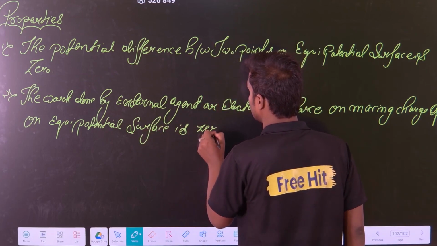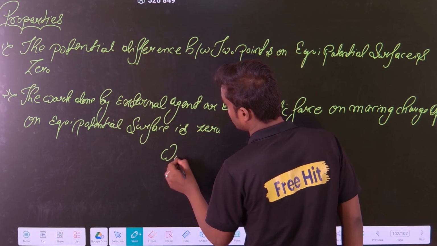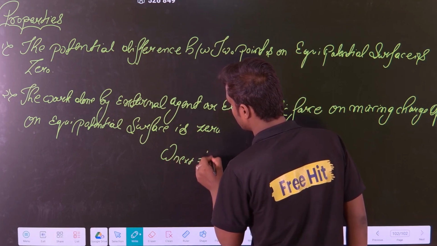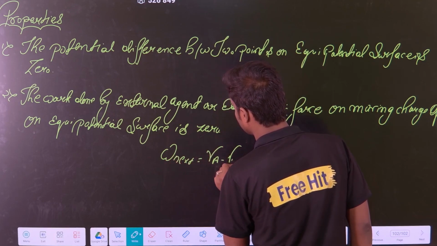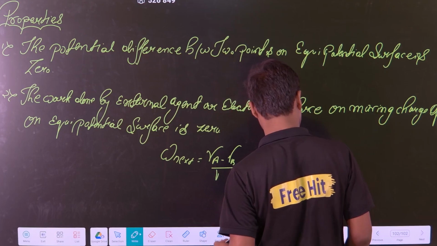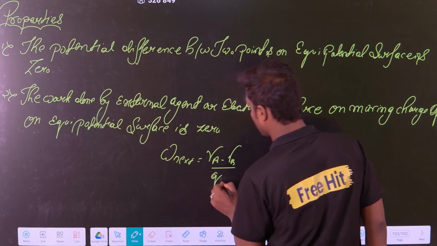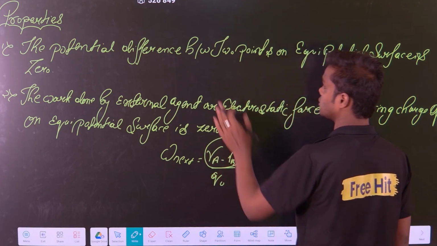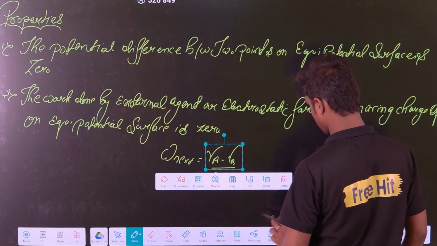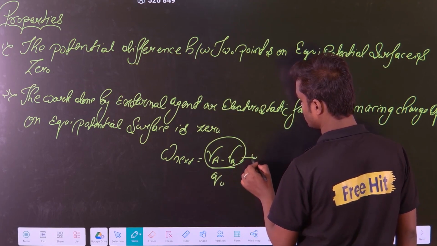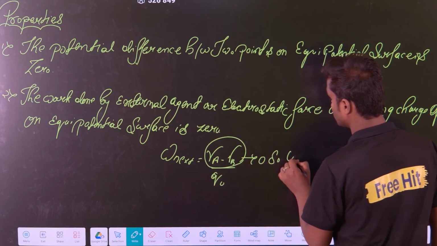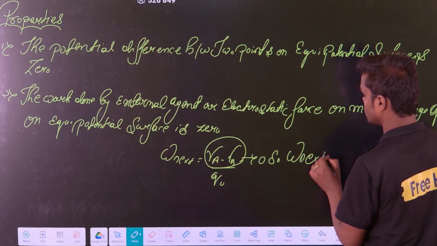How? If you remember, the work done by the external agent is equal to q naught times (VA minus VB). Now if this potential difference is 0 for an equipotential surface, then obviously the work done by the external agent is equal to 0.